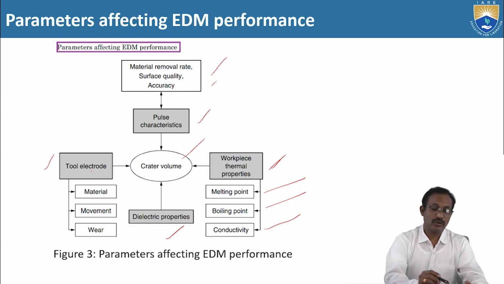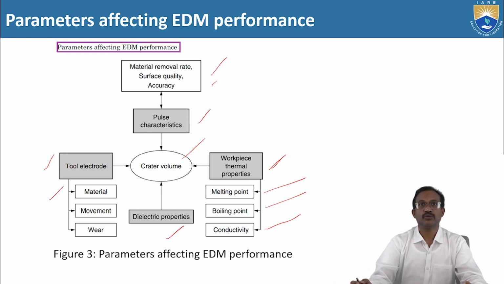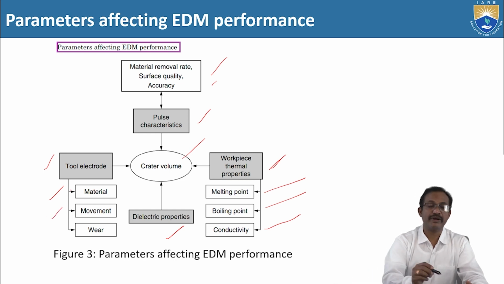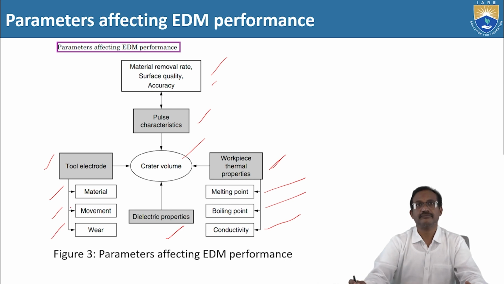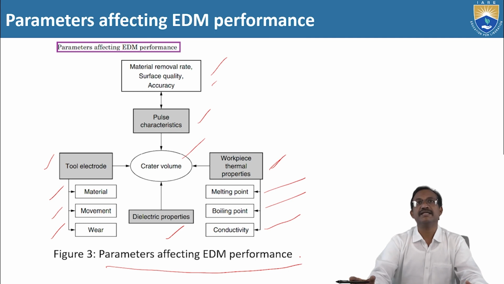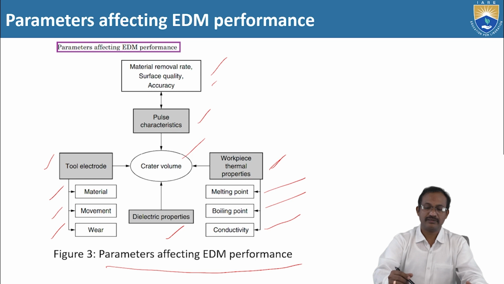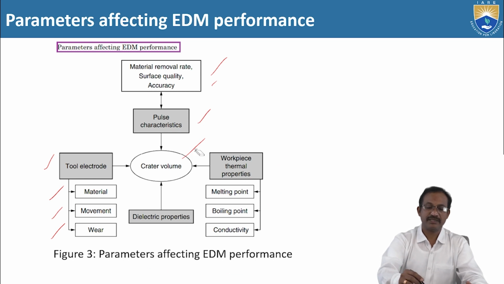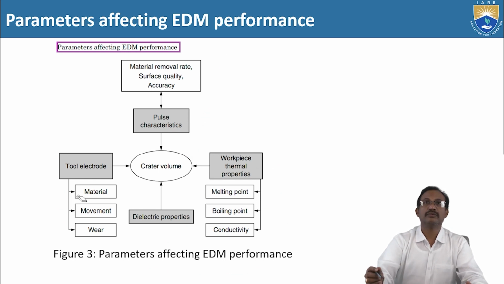Next, the tool electrode: the material of the tool electrode, its movement, and its wear. These are the parameters affecting EDM performance. Now let us see in detail how all these parameters affect it.